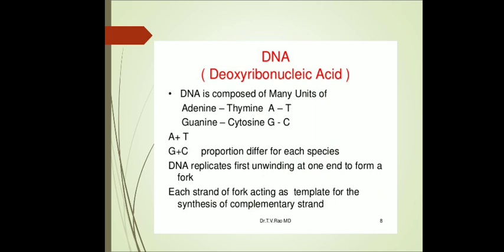DNA stands for deoxyribose nucleic acid, and it is composed of two types of nitrogen bases, purines and pyrimidines, in which the purines are adenine and thymine, and the pyrimidines present inside the DNA molecule are cytosine and guanine.